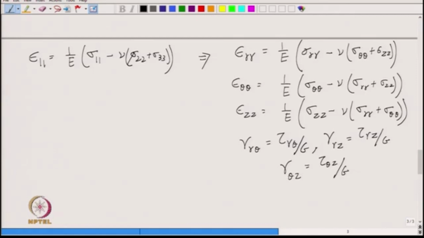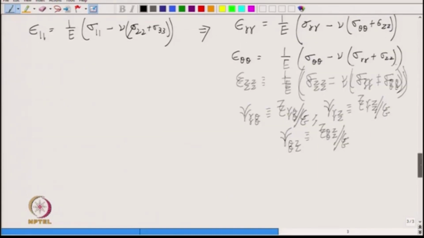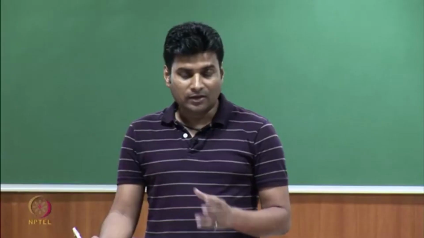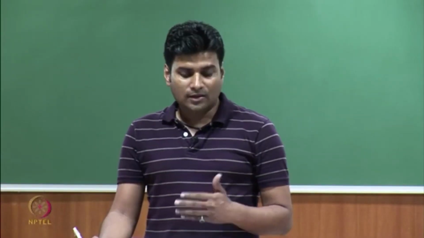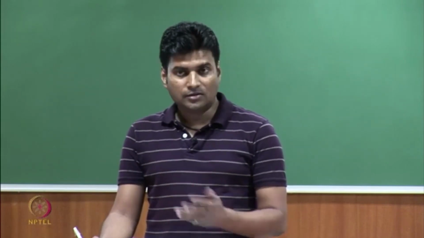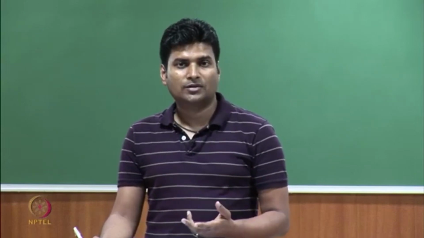Likewise, you could also think of the relationship using lambda and mu, the Lame constants. It is not difficult to figure it out, all right. So, that is the relationship between stress and strain. So, this completes our derivation for the representation of stress and strain in cylindrical coordinates, and then the equations in cylindrical coordinates.